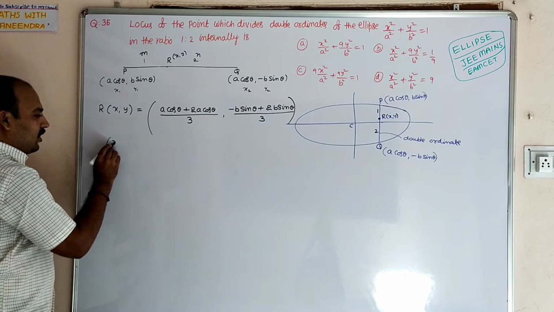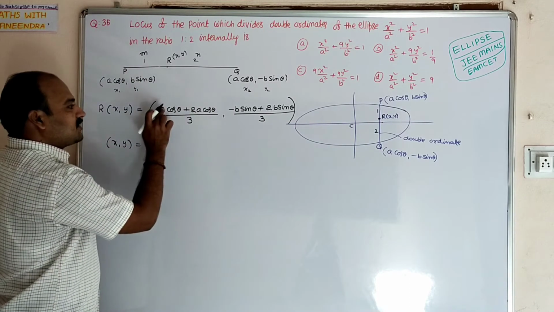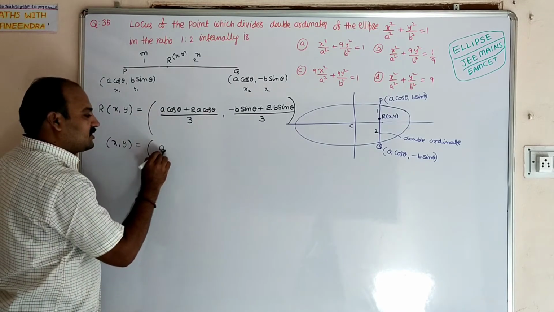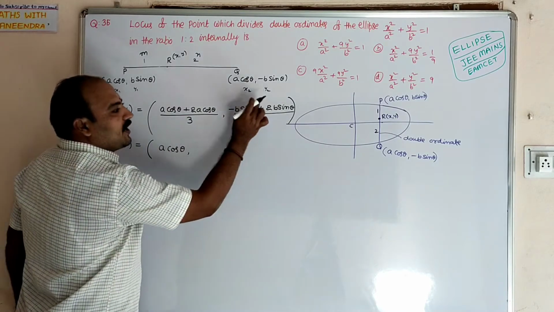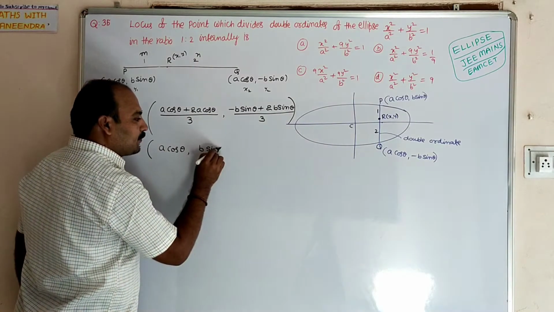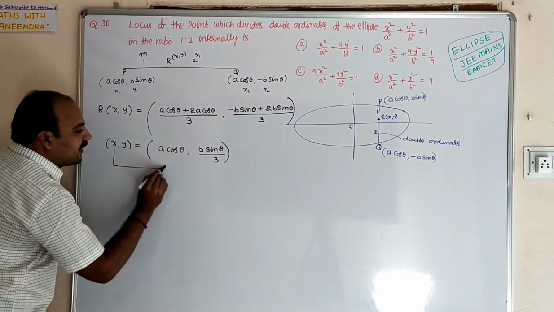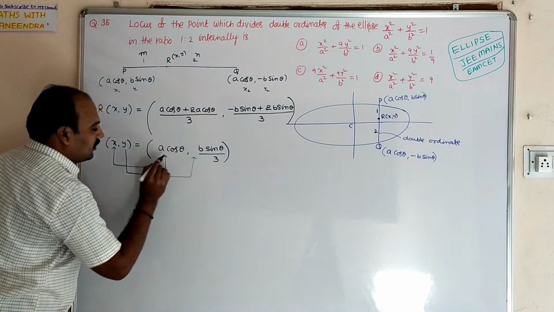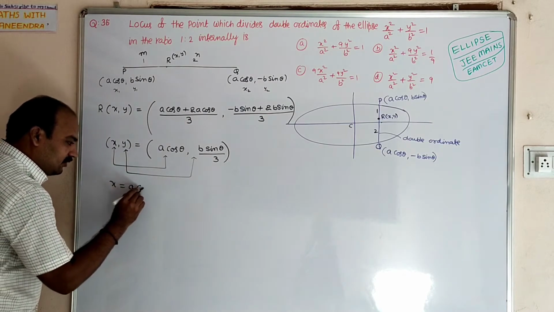So x comma y equals 2a cos theta plus a cos theta, 3a cos theta by 3. So a cos theta, directly I am writing, and 2b sin theta minus b sin theta is b sin theta divided by 3. Now comparing x coordinates and y coordinates respectively, x is equal to a cos theta.